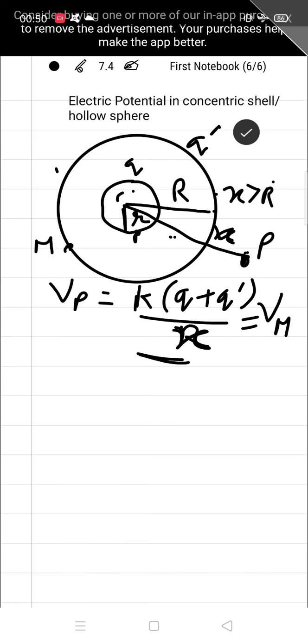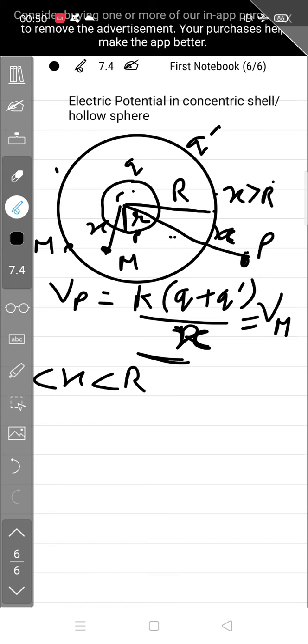Now let us move this point M here. Let us say that M is here and this is the distance x. That means here x is less than capital R but greater than small r.